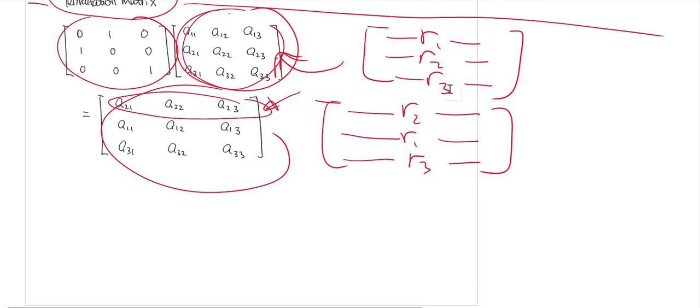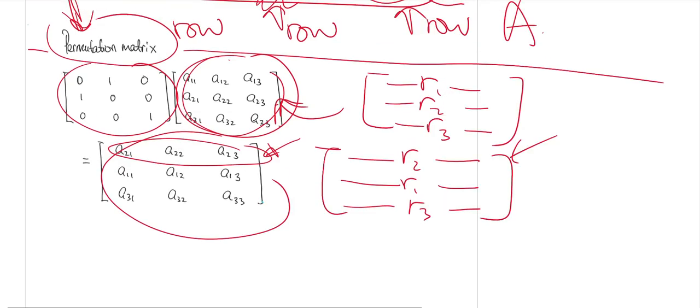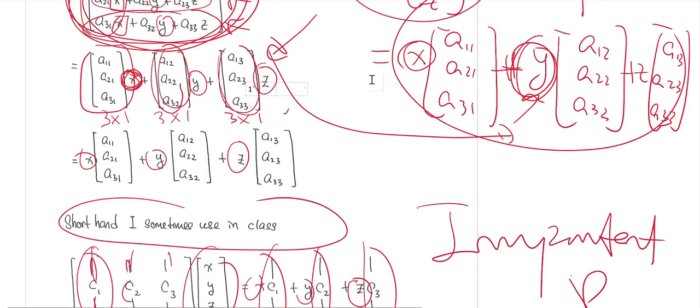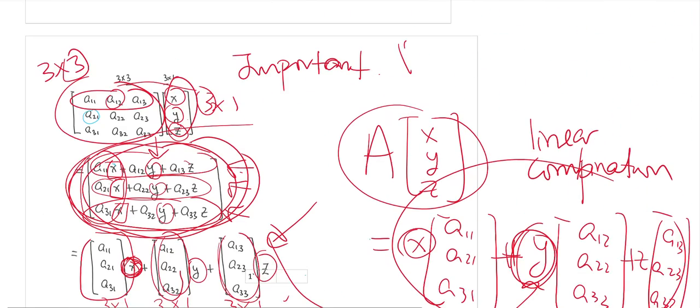The reason why we call it a permutation matrix is that they are permuting the rows of this matrix A. This is also important, you should be able to use this perspective to see stuff. These two points of view are kind of new. I don't think you have seen this before. So make sure you know this. We are going to use this a lot, okay?